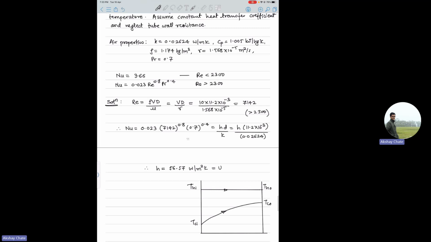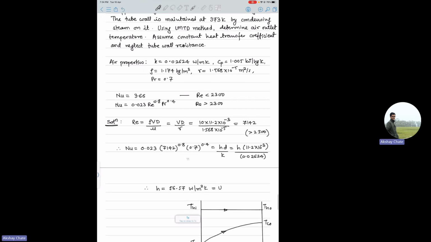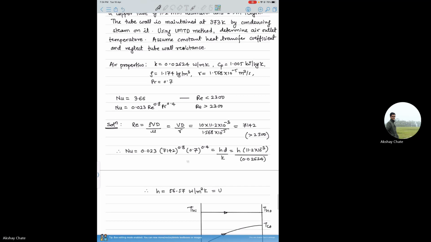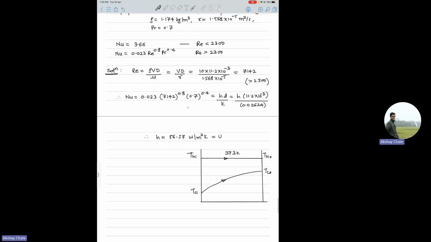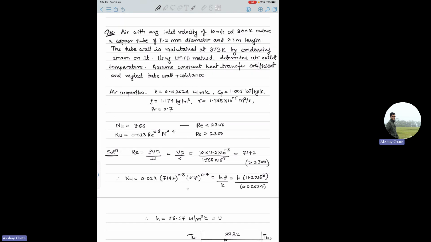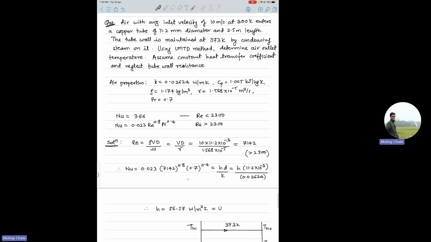Let's say this is your direction of flow for steam. This is 373 Kelvin. Inlet is 300 Kelvin. Outlet is to be found out.